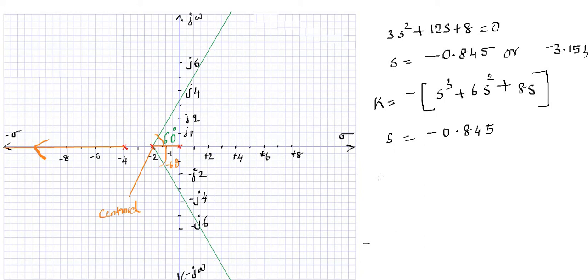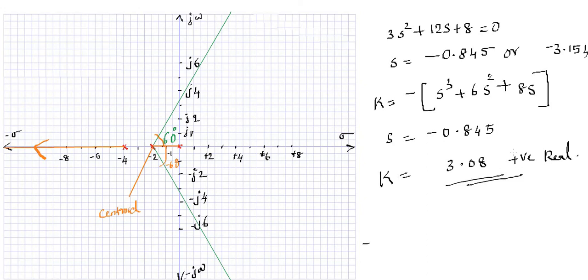Then check whether we get the value of k as a positive real one. If we substitute this, we get the value of k as 3.08. It is a positive real value.